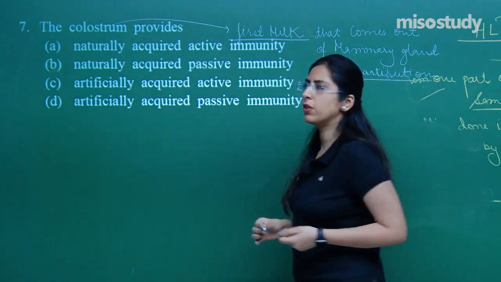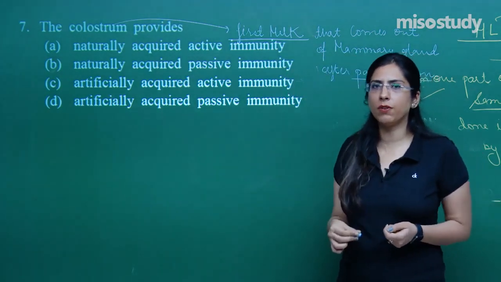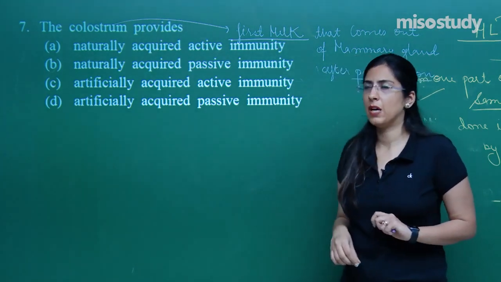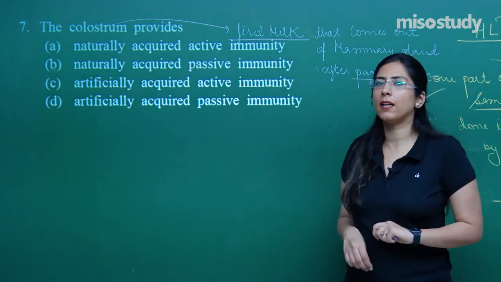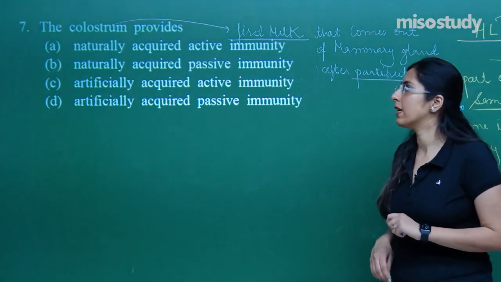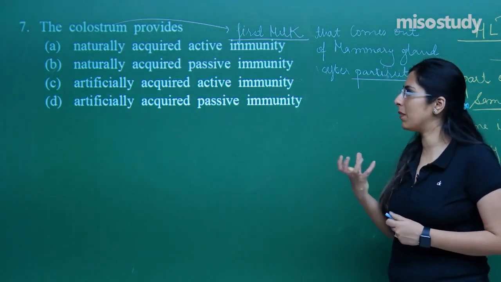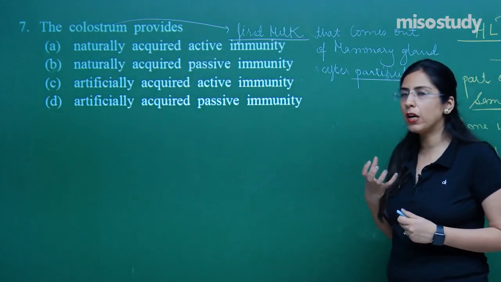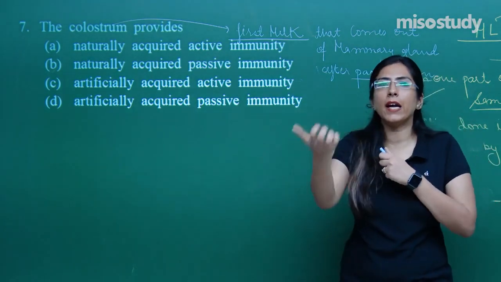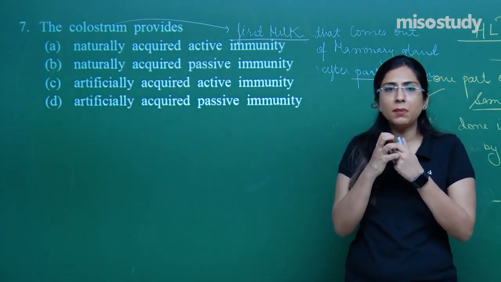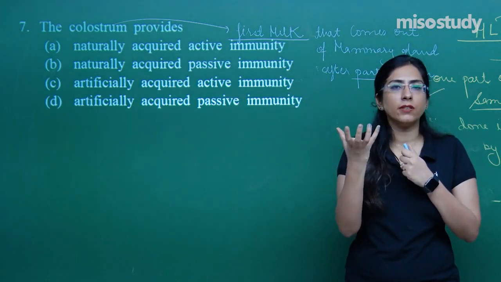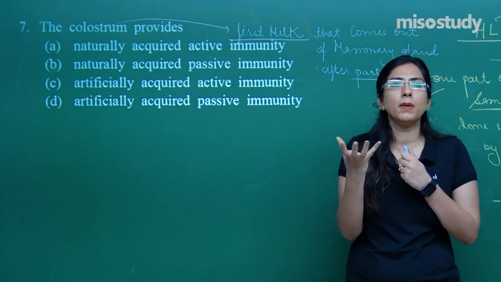Just after giving birth to a baby, the first milk that oozes out from the mammary gland is called colostrum. And it is always said that colostrum is very important because it provides some immune cells to the developing baby. What we are doing is giving them direct antibodies. We are providing direct antibodies to the developing baby.